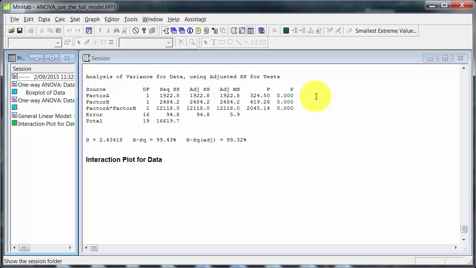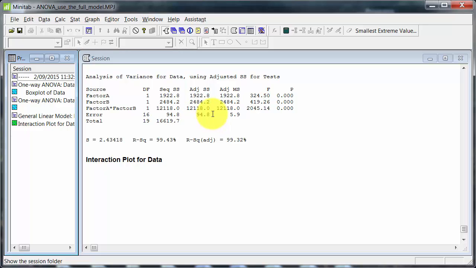And we can see why. Up here you'll see the adjusted mean square for factor A is 1923, which, if you remember, is the same as we saw for the one factor. Total is 16620, again the same as the one factor.